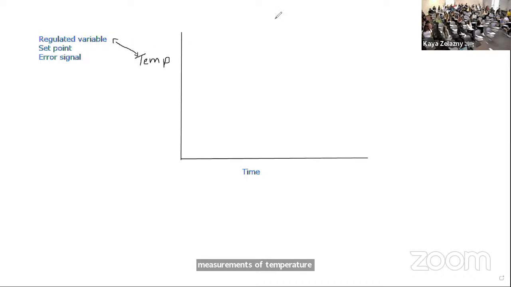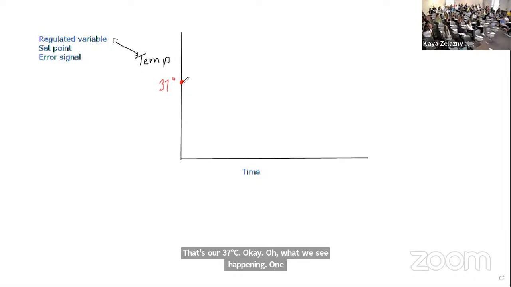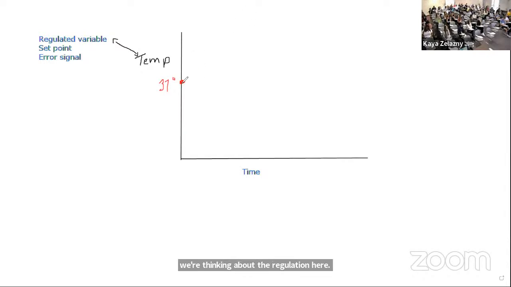Okay. Our set point is the value that we're trying to return to. So that's our 37 degrees Celsius, our set point for temperature. So what we see happening when we're thinking about the regulation here, I'll start drawing with blue.